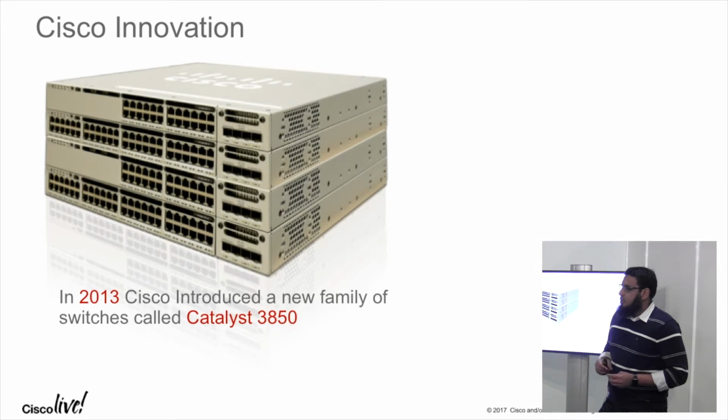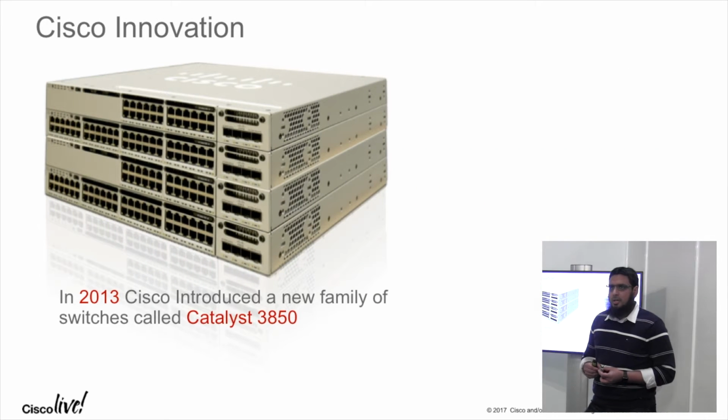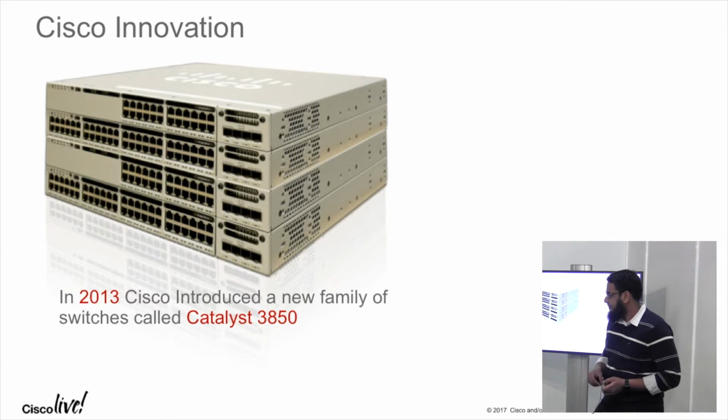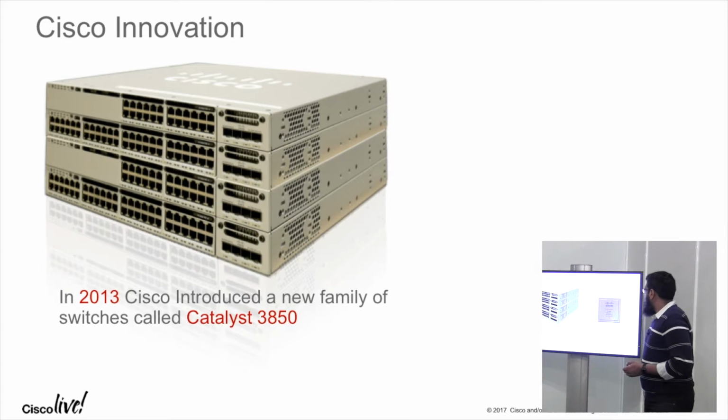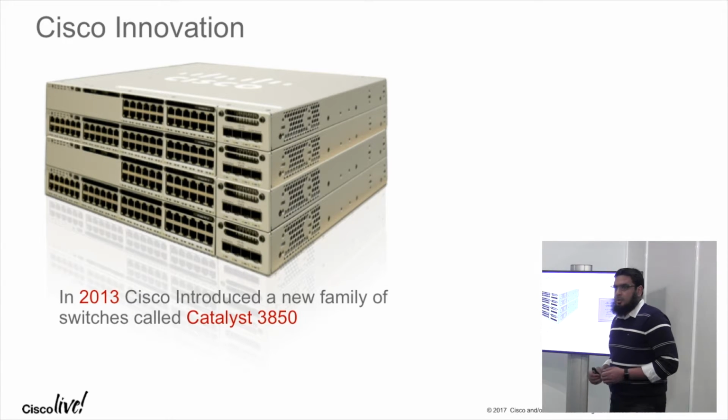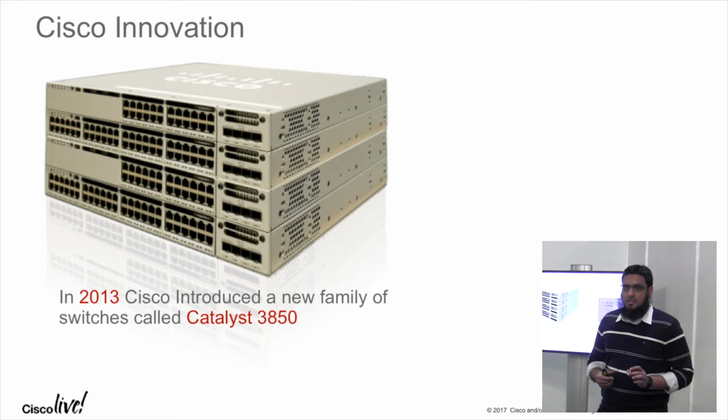What we have done in 2013 is Cisco has introduced a new switch called 3850. This 3850 is built on an ASIC called UADP ASIC, or Unified Access Data Plane ASIC. This is a new innovation in the ASIC technology because this is slightly different than the traditional ASICs that we used to have.